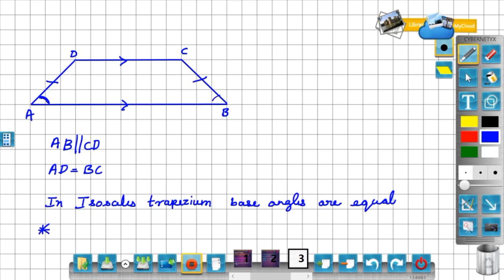Angle on the side AB, that is angle A and angle B are equal. Angle A is equal to angle B and angle D is equal to angle C. In isosceles trapezium, base angles are equal.